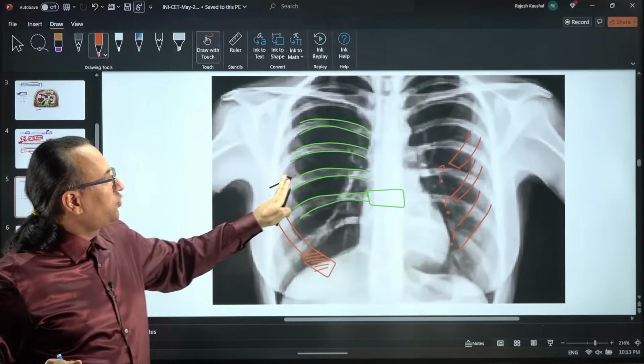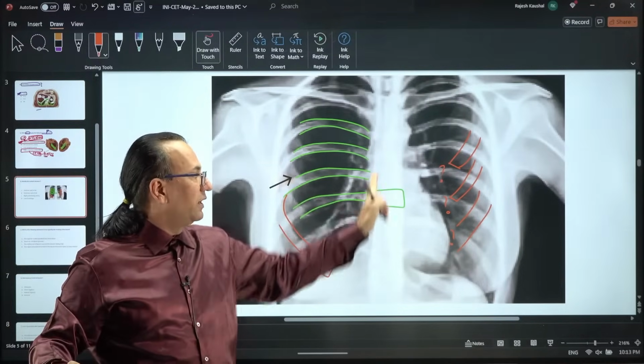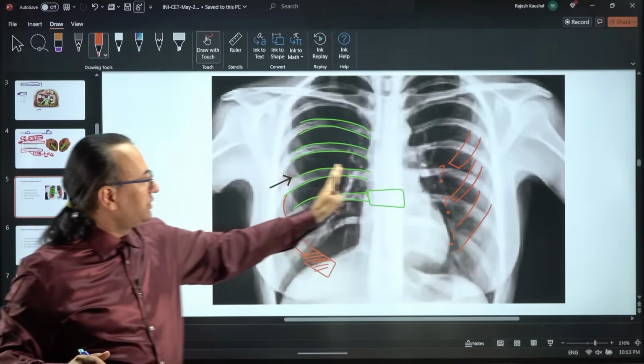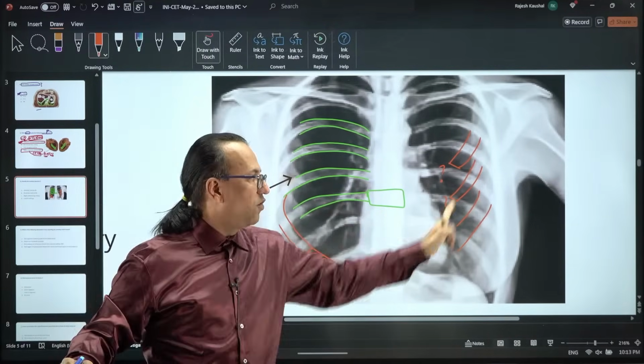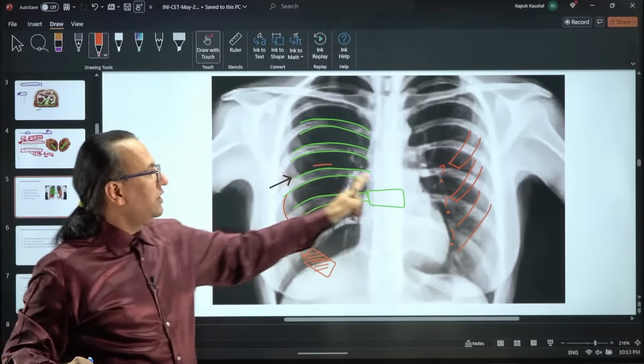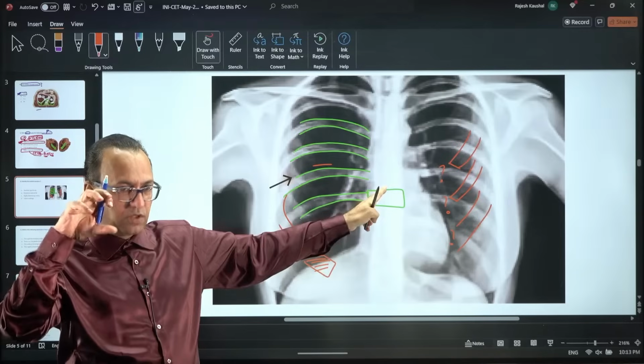But if the rib is totally reaching the midline, totally reaching the vertebra, then it is the posterior part. So the posterior part of the rib is first of all horizontal, the anterior are more oblique. Posterior is reaching the midline, attaching to the vertebra.